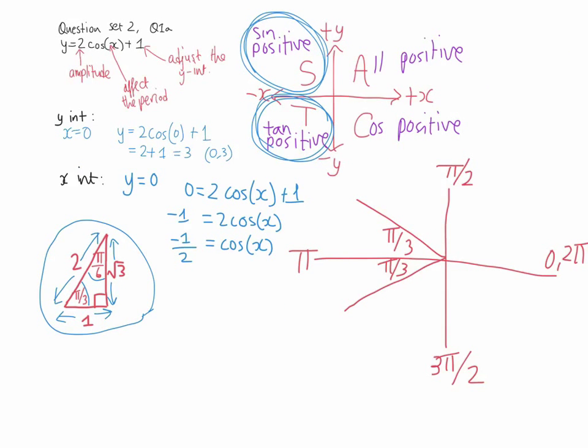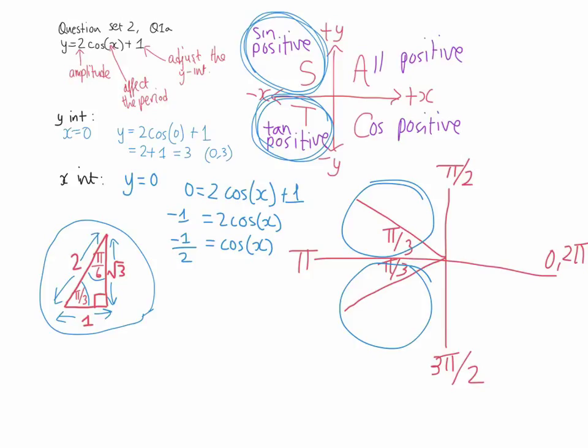Now I've redrawn the quadrant here so you can see which axis corresponds to which value in radians, and so we said that with cos x equal to negative a half, it could be in this quadrant here or this quadrant here, and we remembered that pi on 3 was the important angle, and so that's why I've drawn those lines there with pi on 3, the angle between those lines and the axes.